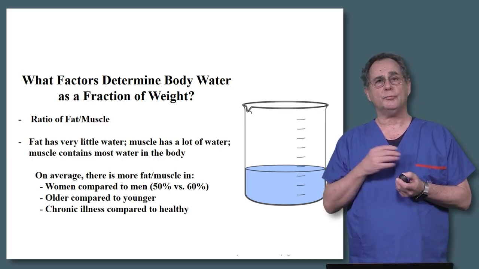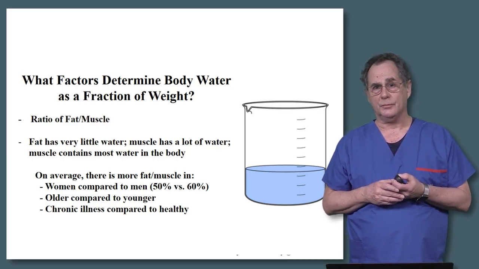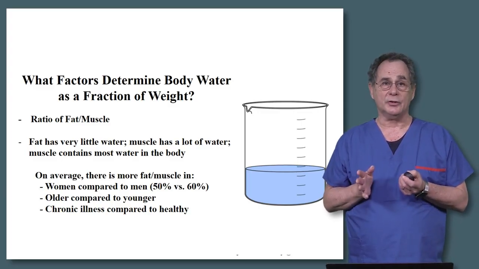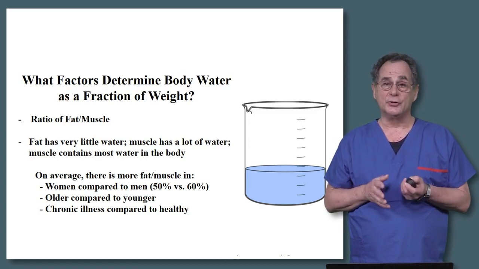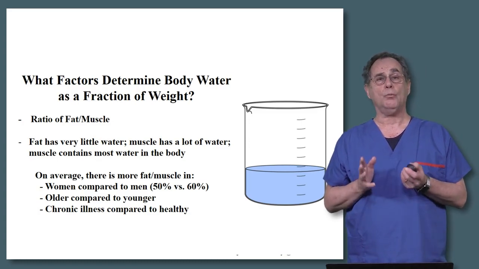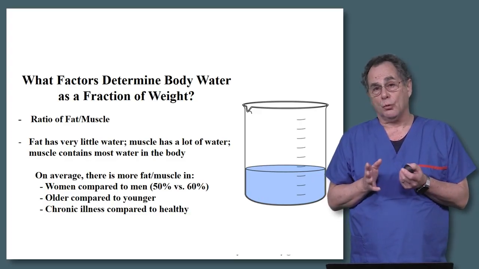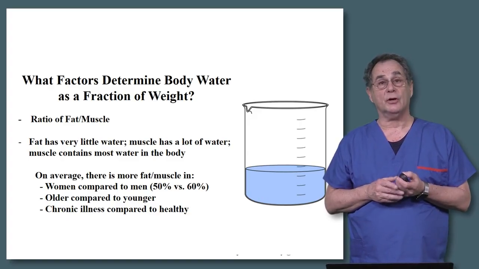Now, what factors determine body water as a fraction of weight? The first thing to know is that it's actually dependent upon the relative mass of muscle and fat. Muscle is a high water content compartment, whereas fat is a much lower mass of water.